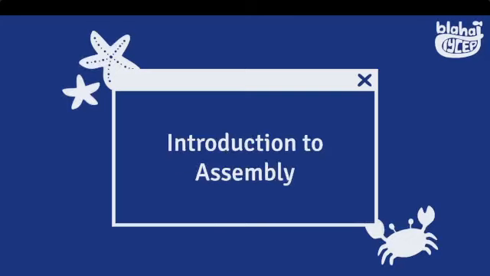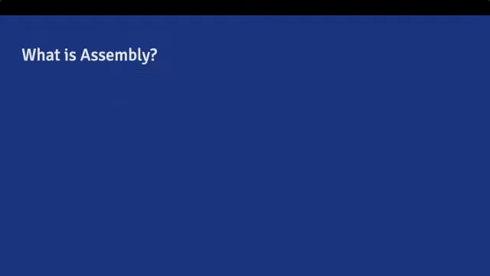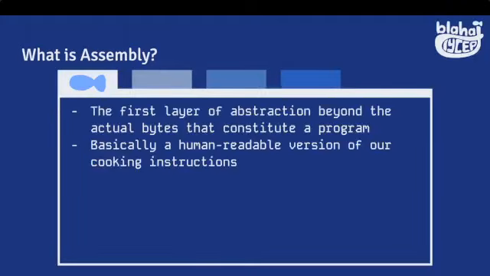Now another thing that we need to understand is how machine instructions actually work, right? And this is called assembly. Assembly is kind of a layer of abstraction over the actual bytes that represent the instructions in a program.